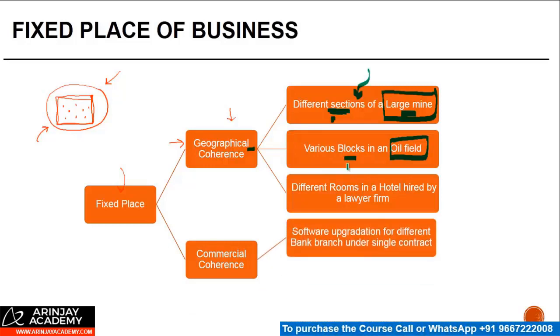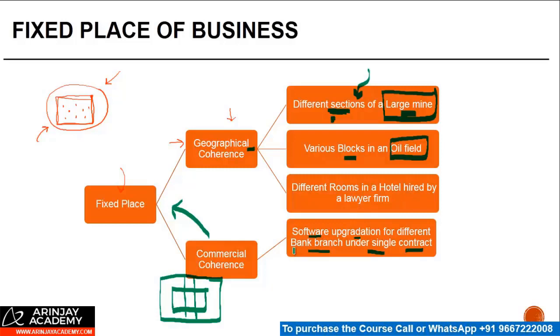The second is commercial coherence. What this means is that if there is a particular contract, even though this is split into 2 or 3 parts, as long as commercially you can club them and say that this is one, even that could be an indicative character and contribute to the existence of a fixed place. So if you are carrying out software upgradation for different bank branches under a single contract, since the contract is single, commercially it's one and the same thing.